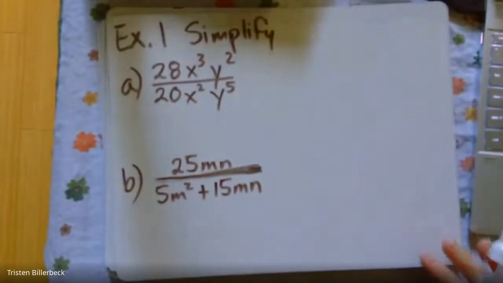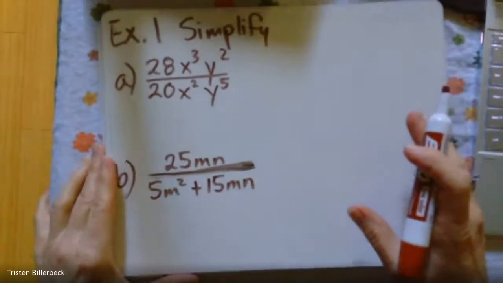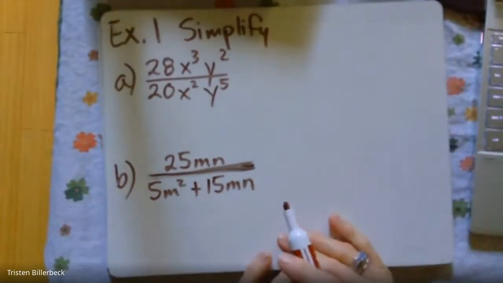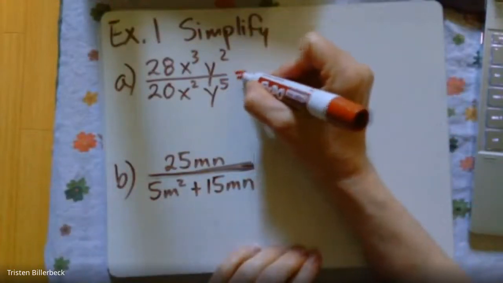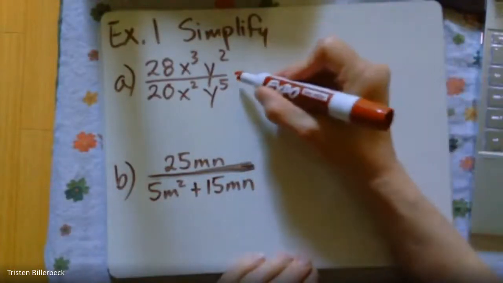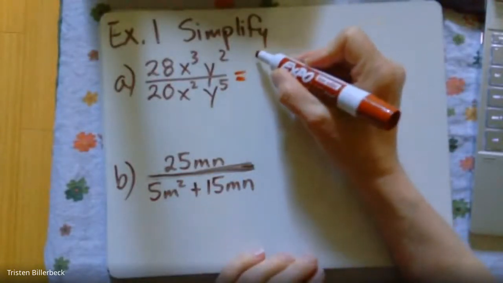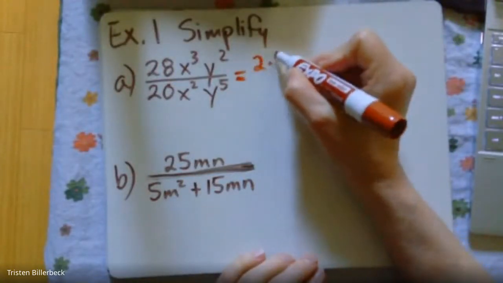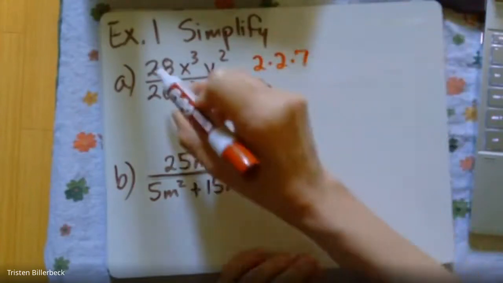So let's do a couple examples. Let's try to do the crossing out wars, the cancellation wars, as I call them. We try to find the greatest common factors. If I break down 28 into prime factors, that's 2 times 2 times 7, so 4 times 7 is 28.